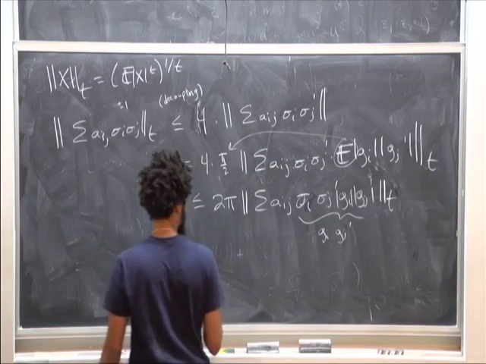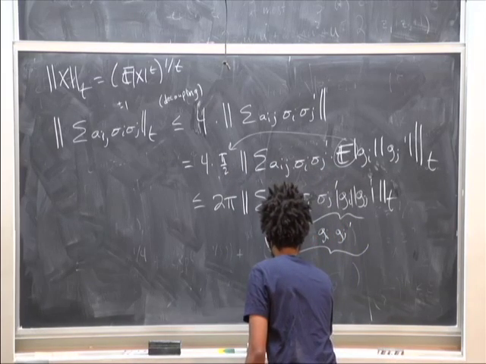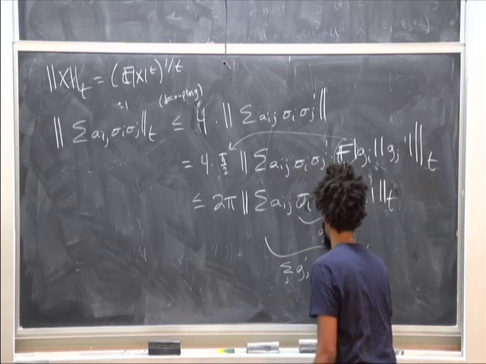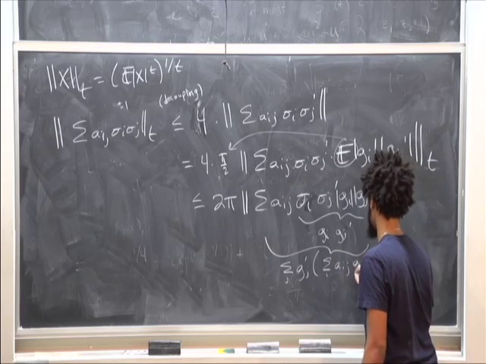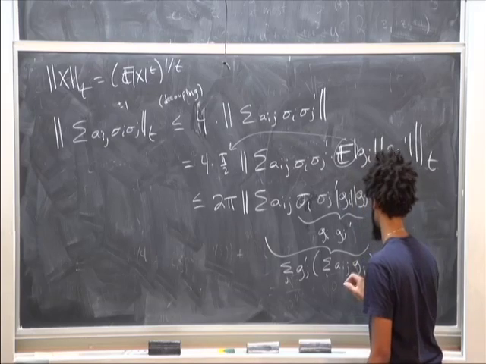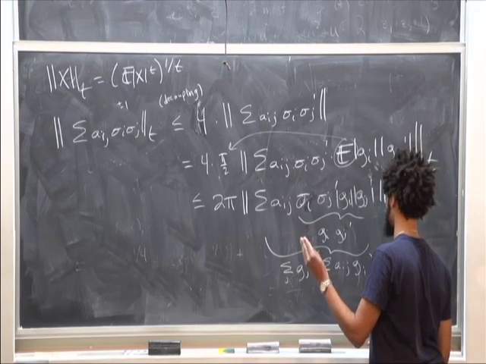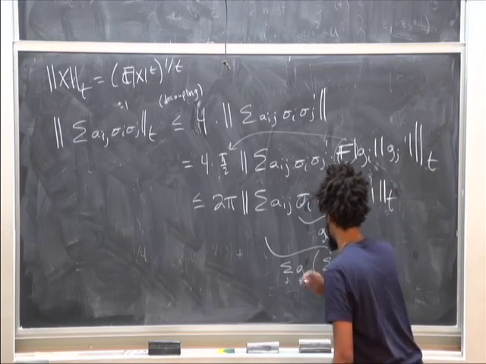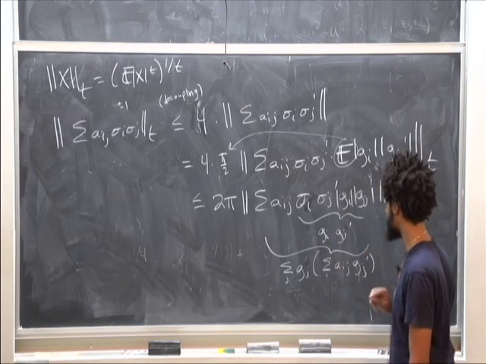Now I can view this as the sum over j of gj prime, the sum over I of aij gi. Or do I want to do it the other way around? Let me do gj prime and gj. That's what this sum is.